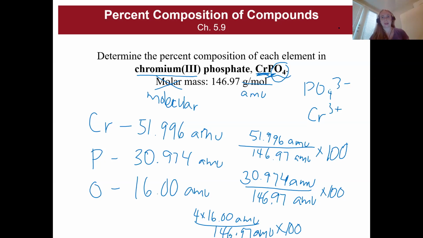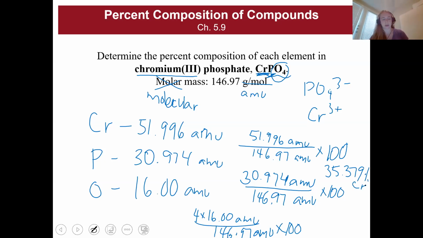Whip out my calculator. All right, so this first one, I got 35 point, let's see, we should use our proper sig figs, and we've got 5 sig figs in both of our numbers here, so I'll do 5 sig figs. We got 35.379% chromium.